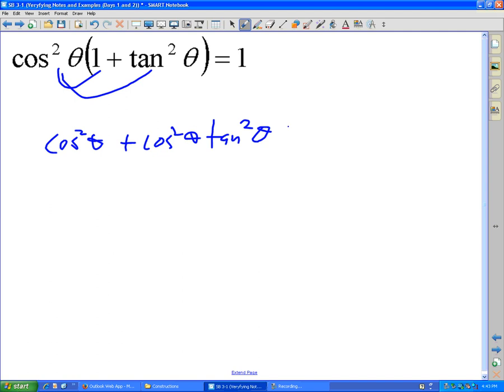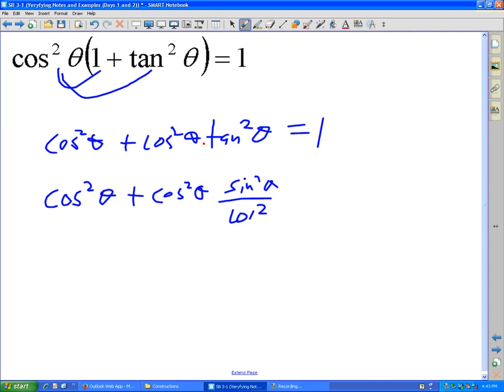As soon as I see a couple trig terms being multiplied by each other, like right here, I'm like, yeah, maybe turning everything into sine and cosine would be handy. And so I'm going to do it. I'm going to turn tangent squared into sine squared over cosine squared.